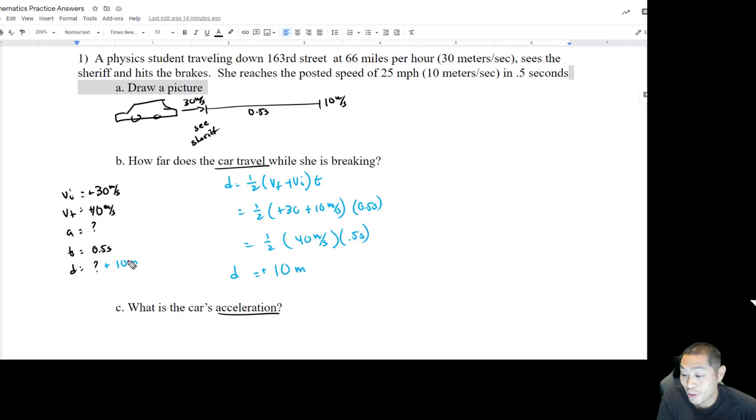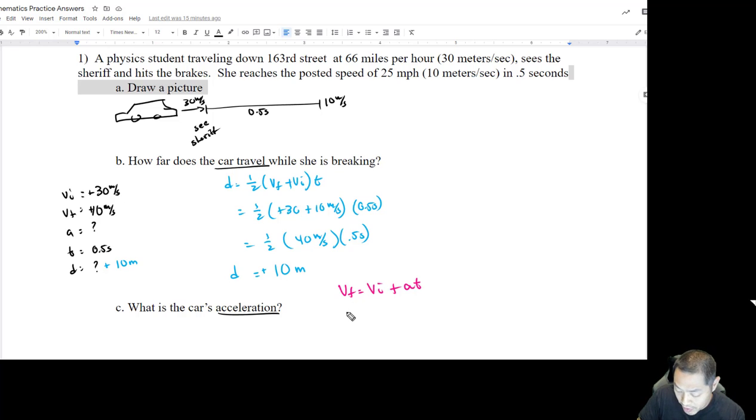In the second part, you do the same thing, but now you have all four variables, so you can pick whichever equation you want. I like this one just because it's the one without any squares, and I could do this in my head.